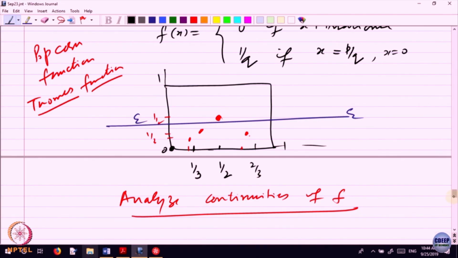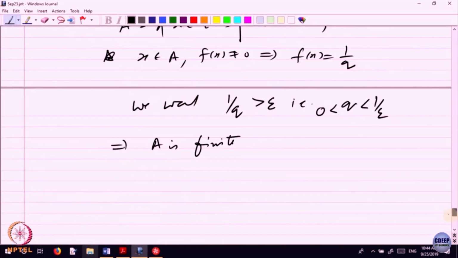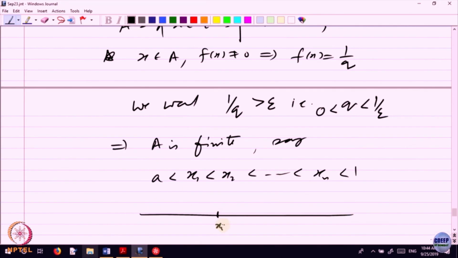So let us call these finitely many points x1 less than x2 less than, some number, say xn, in the interval between a and b. Now here is a point xi. At this point the value goes above epsilon.